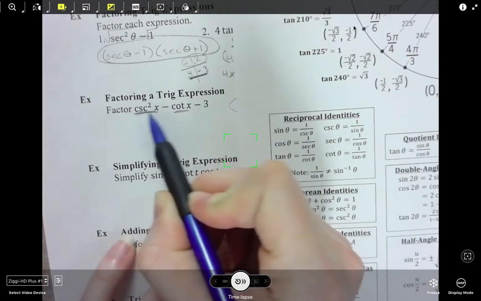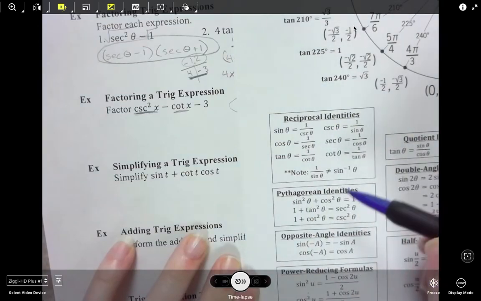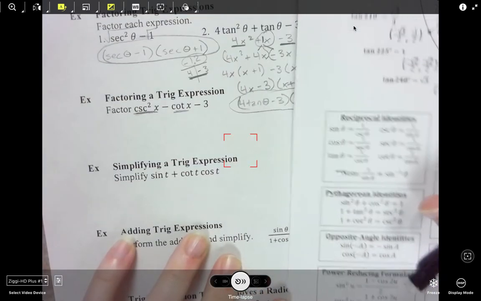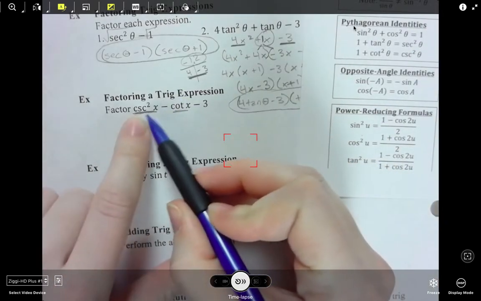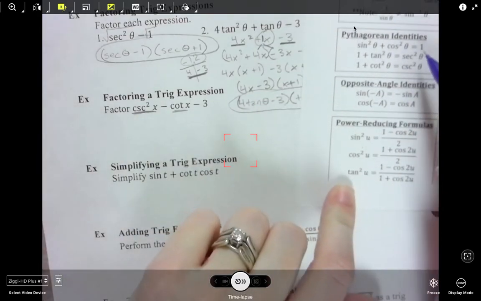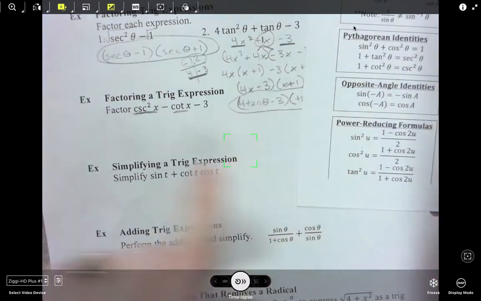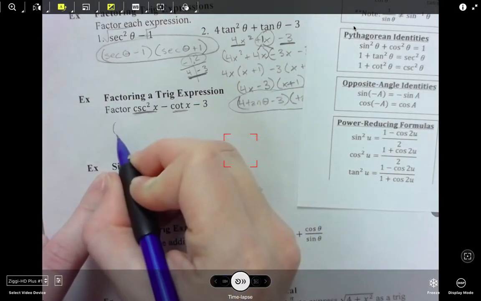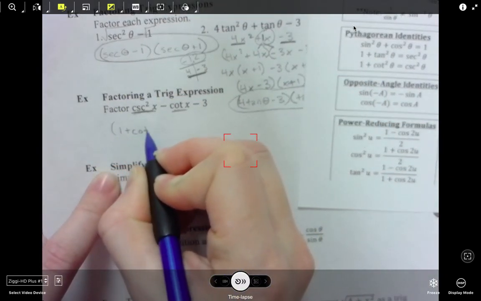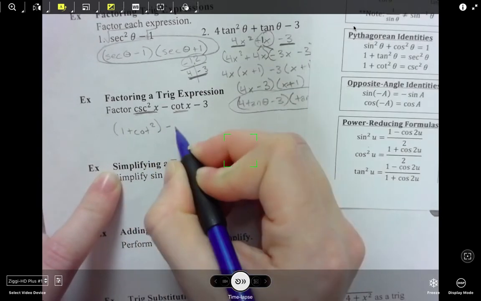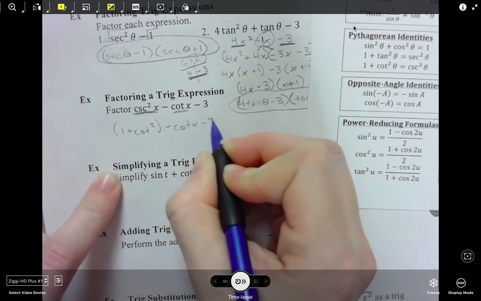Anytime I see something that's squared, a trig identity, I always try to use one of the Pythagorean identities. So cosecant squared theta is 1 plus cotangent squared. So I'm going to go ahead and replace that with 1 plus cotangent squared, and that's minus cotangent x minus 3.